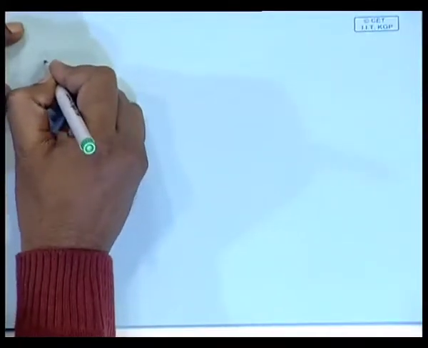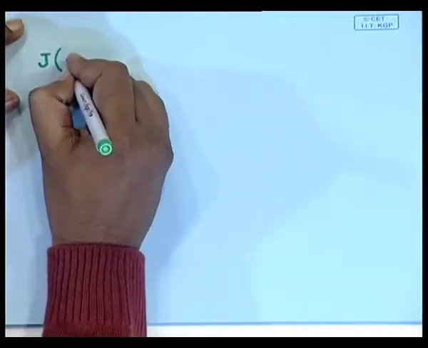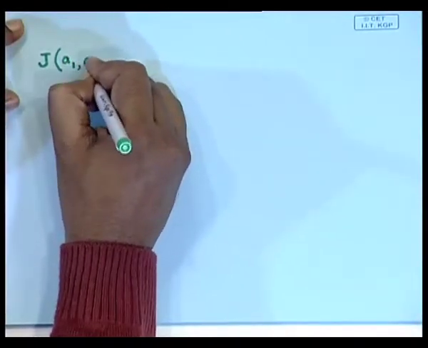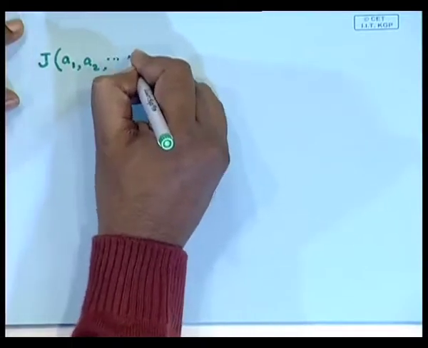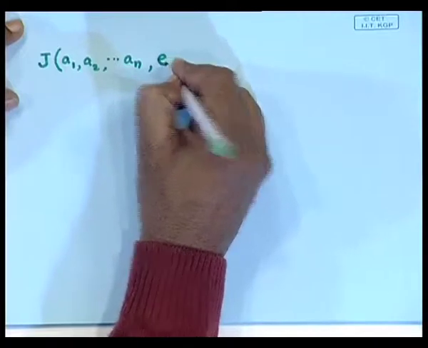So, taking all these points together, I can define an error function or a criterion function. Let me represent it by J, the usual way. Obviously, it will be a function of a 1, a 2 up to a n, and it will also be a function of the direction of the line, which is e.